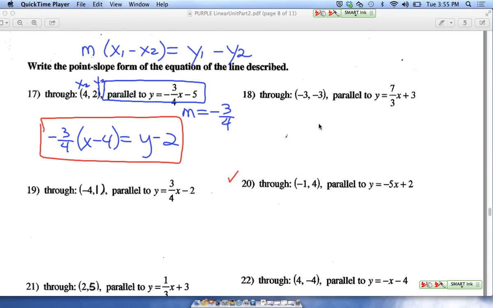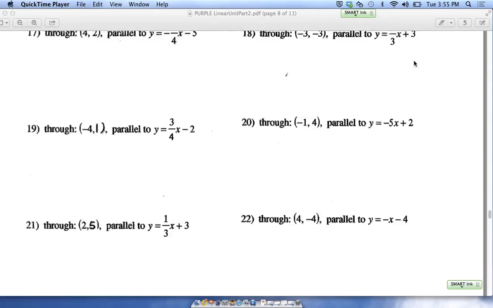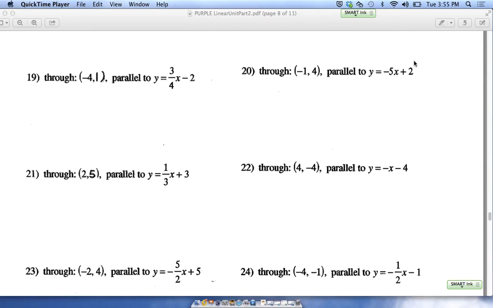Let's do number 20 together. And this is really as simple as it seems. Number 20, looking for a line that would be parallel to the given line. So the slope of the given line is negative 5, and my new line will go through the point (-1, 4). So here's my x sub 2 and my y sub 2.